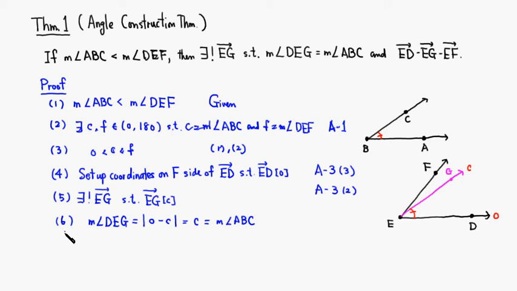So we can match the measure of the angle DEG to the measure of the angle ABC.